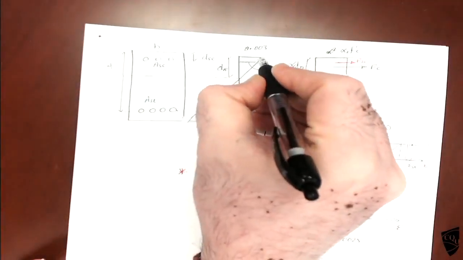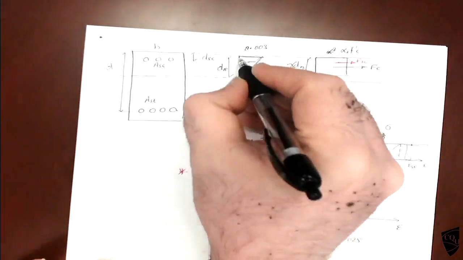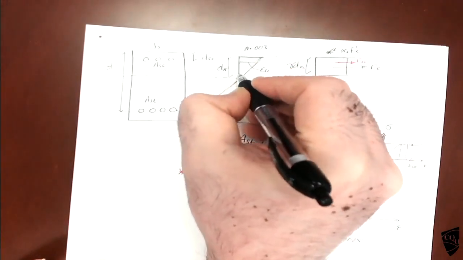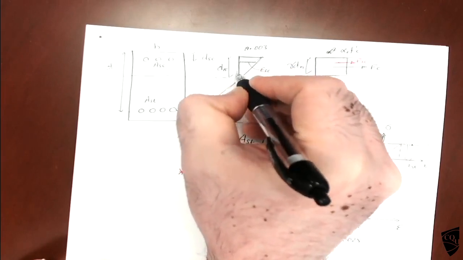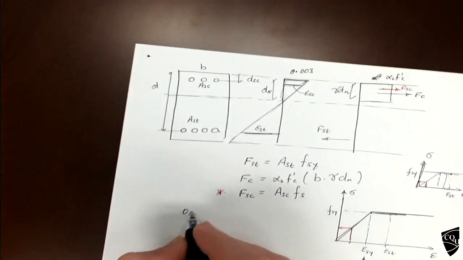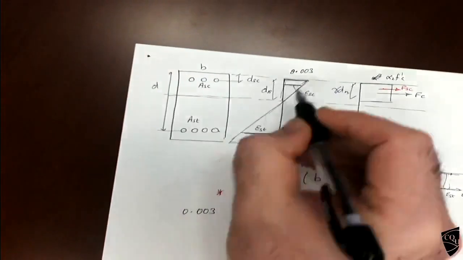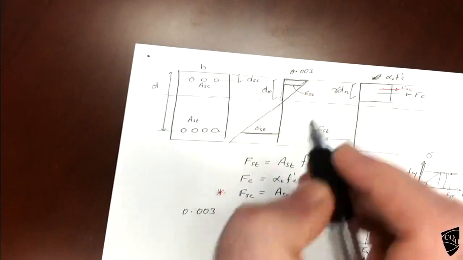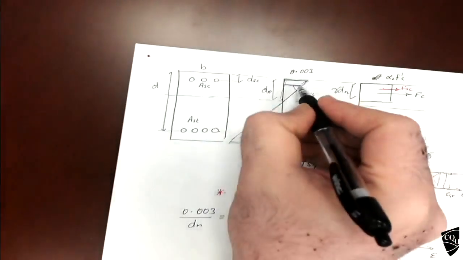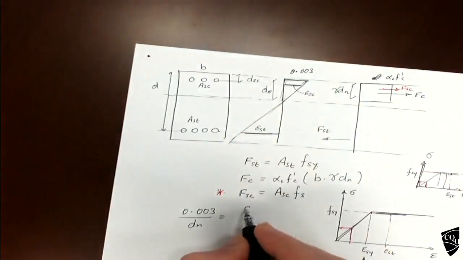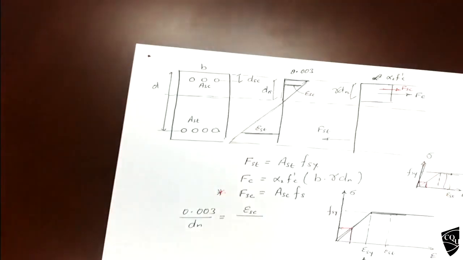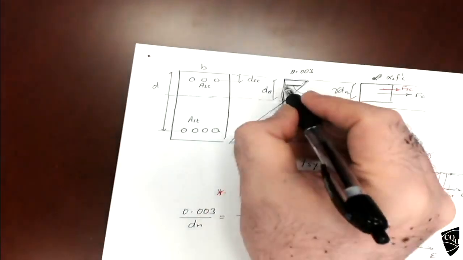To calculate that one, we use the similar triangle. So this one divided by that equals this one divided by this. Okay, similar triangle, 0.003 divided by dn equals this one, I don't know at the moment, divided by this.